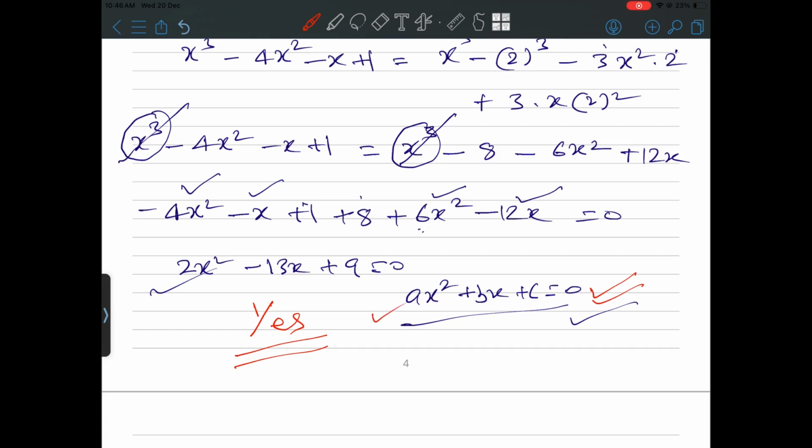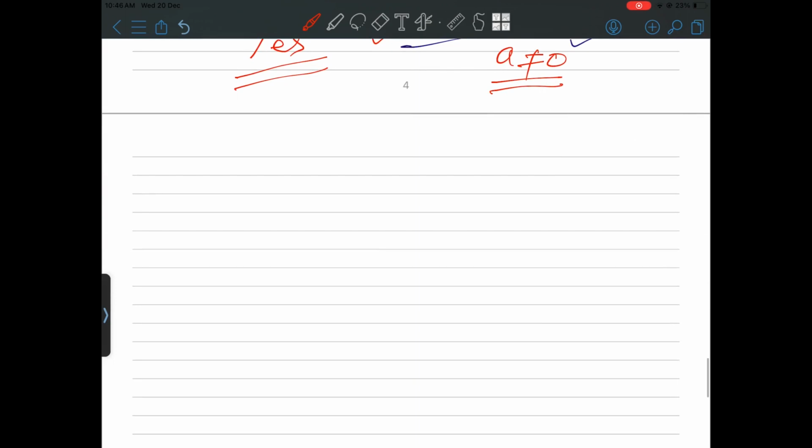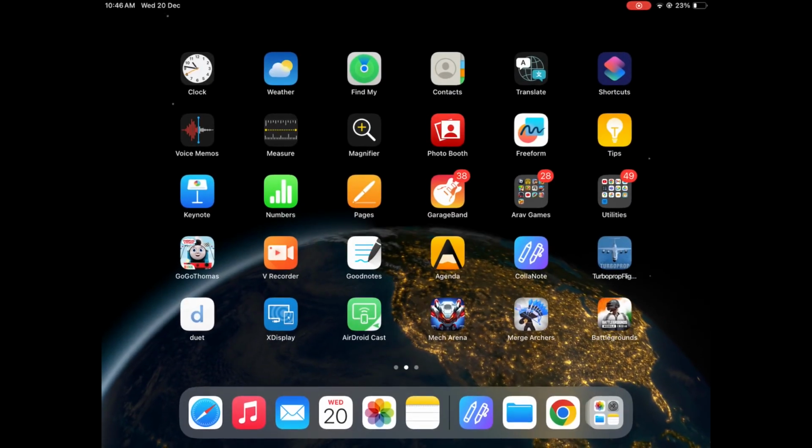If it conforms with this form and a is not equal to 0, then you can say that this equation is a quadratic equation. So now we have completed the first part of the first question of this exercise, right? Let's see the second part of the second question of this exercise. Let me open my PDF.